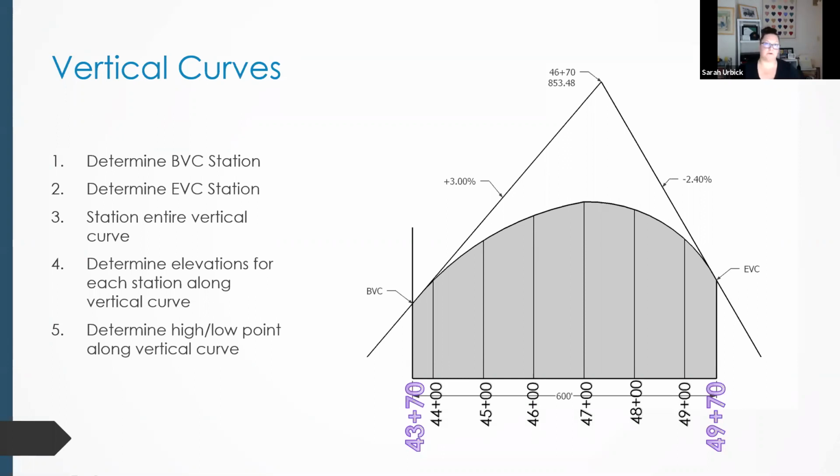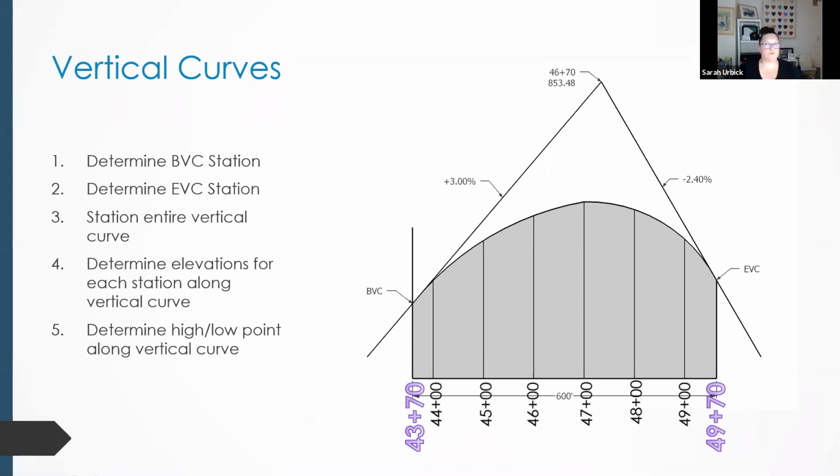Here's the trickier part. Determine the elevations for each station along the vertical curve. This is where it gets a little tricky to wrap your head around, because you're going, wait a second, I've got some positive, so those are increasing. I've got some negative, so those should be decreasing.